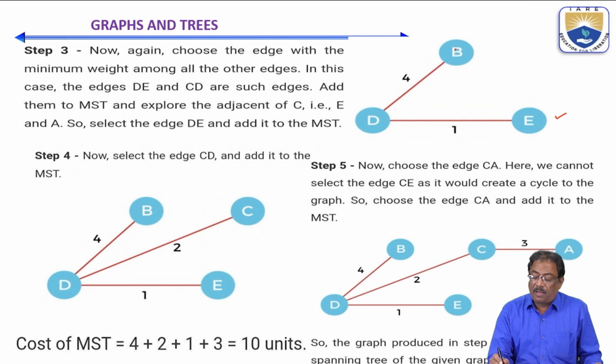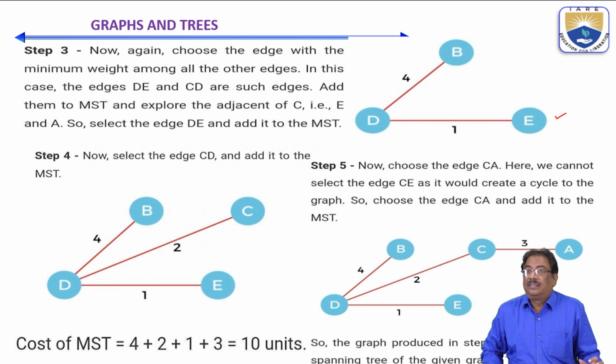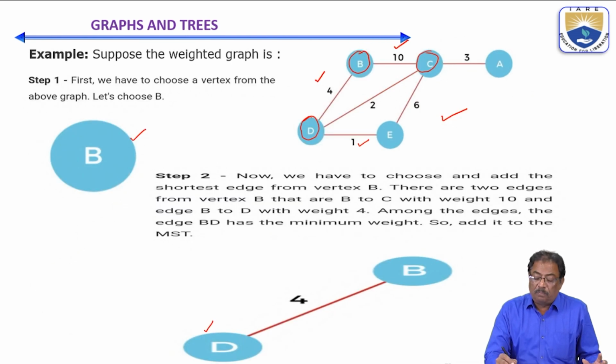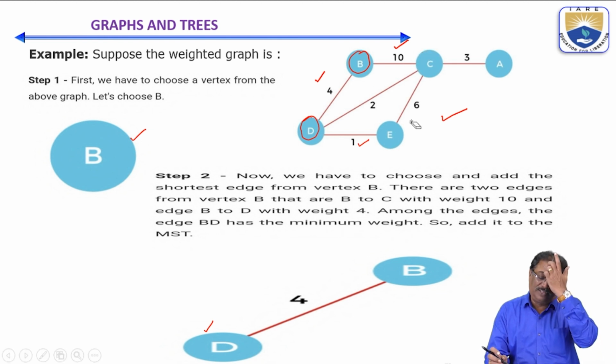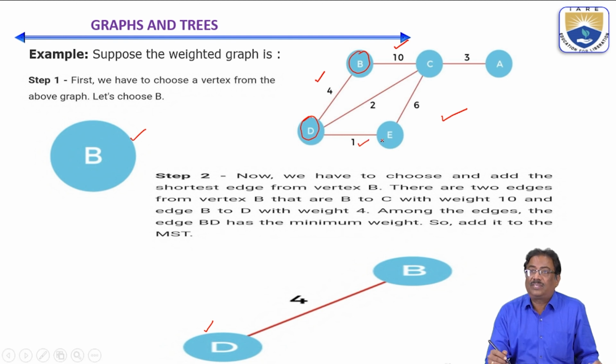Now we have 3 vertices. Among these 3 vertices, we have to find the minimum adjacent edges and their corresponding weights. So here B, E and D are the vertices we have already traced, and from these vertices we have to select the adjacent minimal edge.